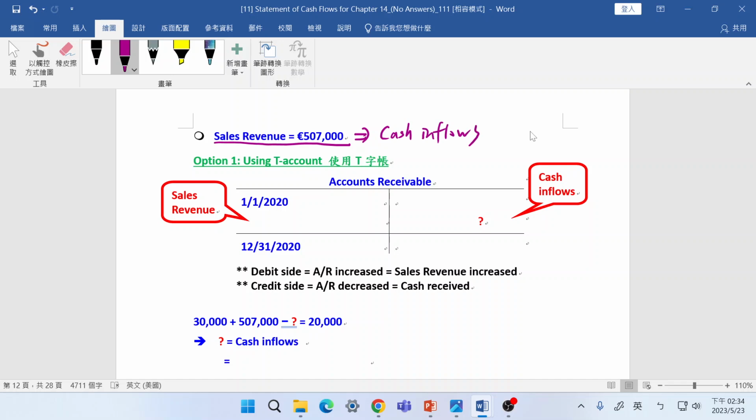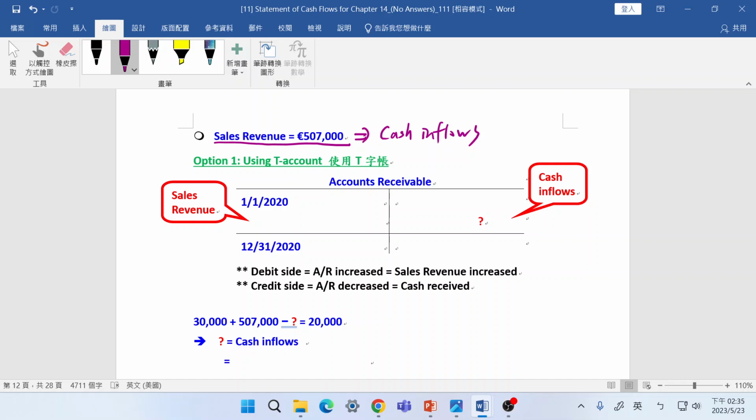Okay? Then, sales revenue. Also, don't forget, we need the help from which account? Accounts receivable. So please use T account. T account is a very good tool to help you find out the number. So look at the related account we need, accounts receivable, right? So using the accounts receivable T account will help you find out cash inflows. Okay? Then based on accounts receivable, we know sales revenue is $507,000.